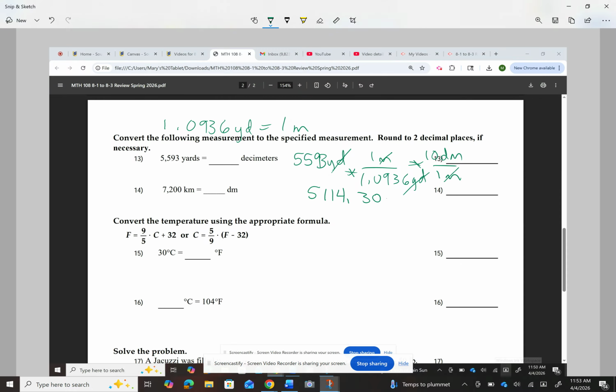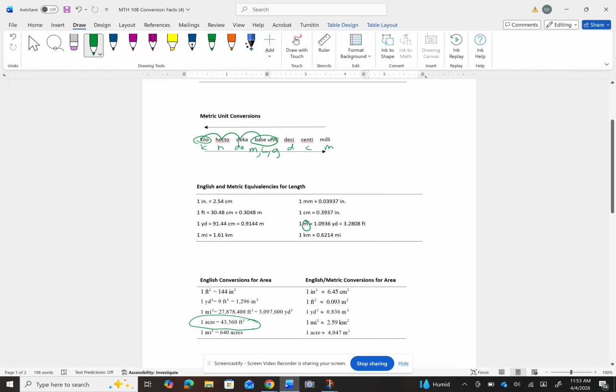That would be meters, and I could just do those two and then say to myself, okay, if I'm trying to go from meters to decimeters, when I look here, I'm at the middle and I need to go one place to the right.